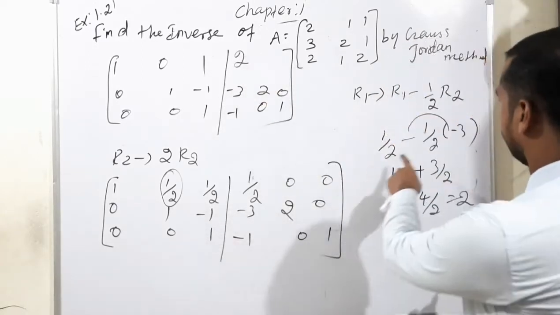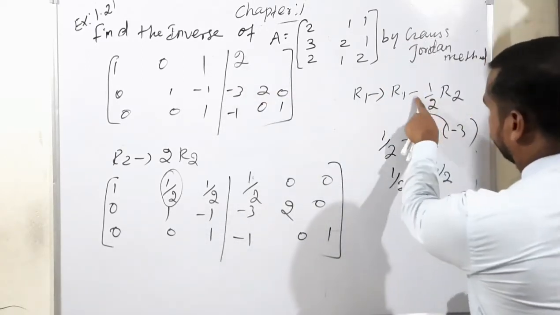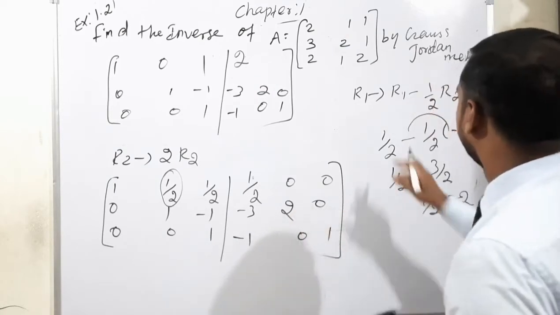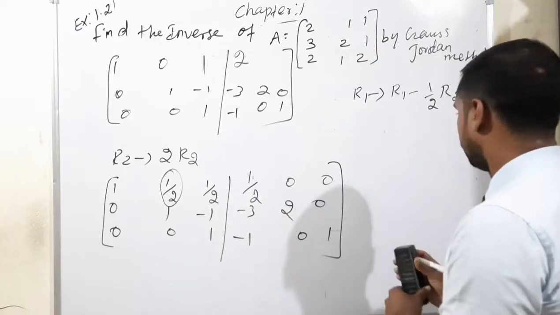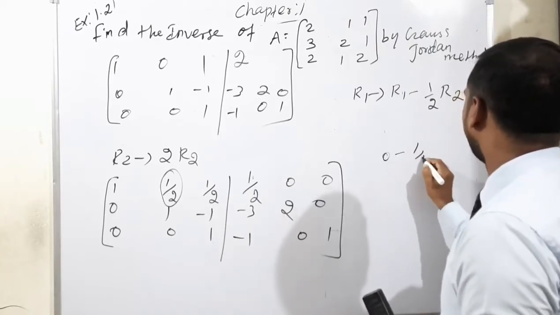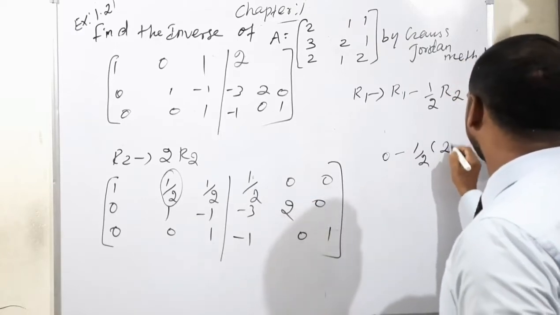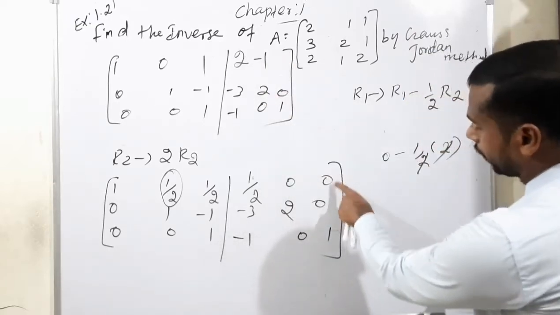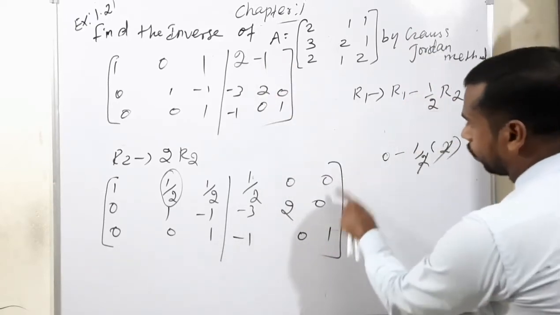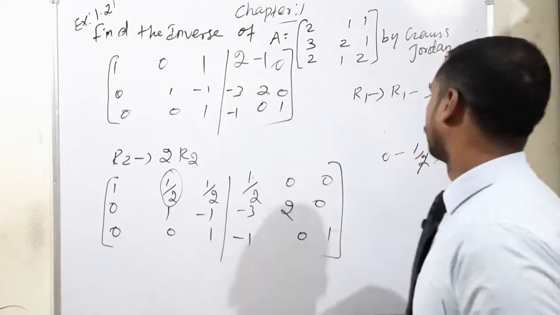Next condition, R1 comparing minus 1 by 2 into 2 is there. R1 0 is there, 0 minus 1 by 2 into R2 value 2, the 2 will cancel, so the value will be minus 1. Last condition, comparing 0, R1 R2 we have only 0, so output also 0. Okay.